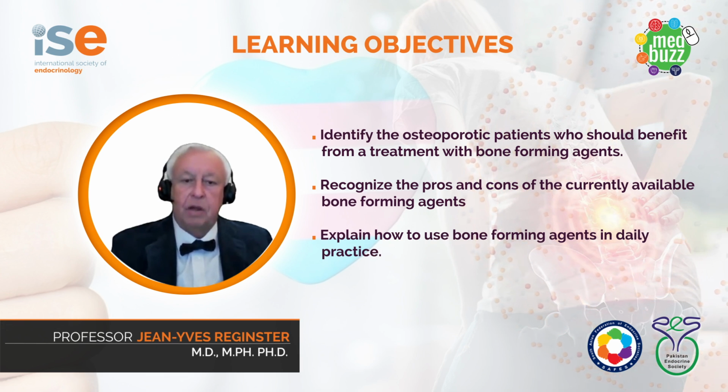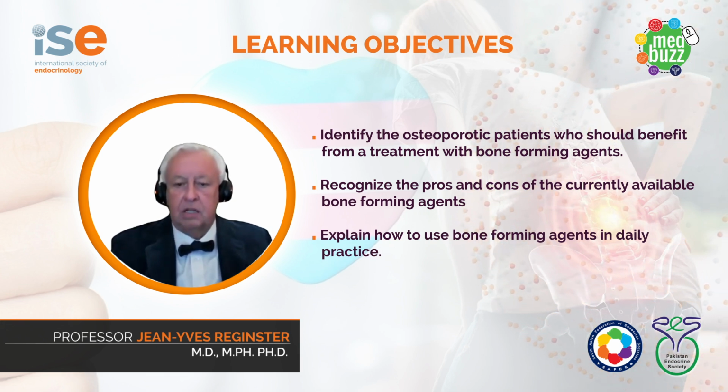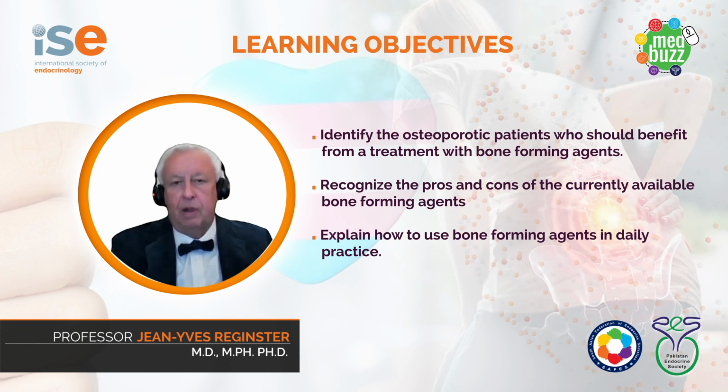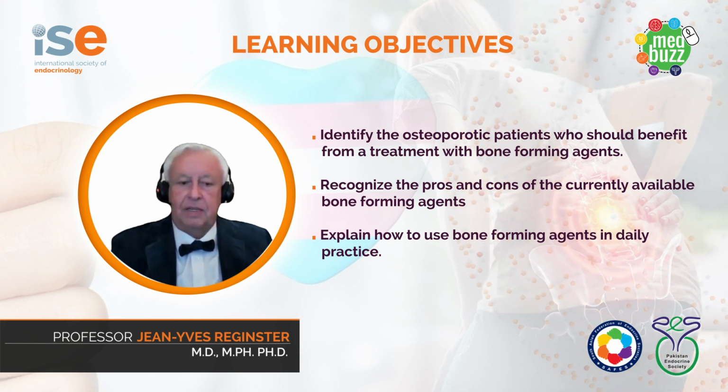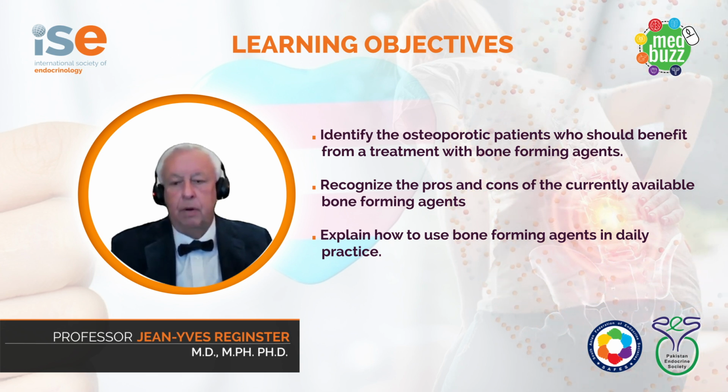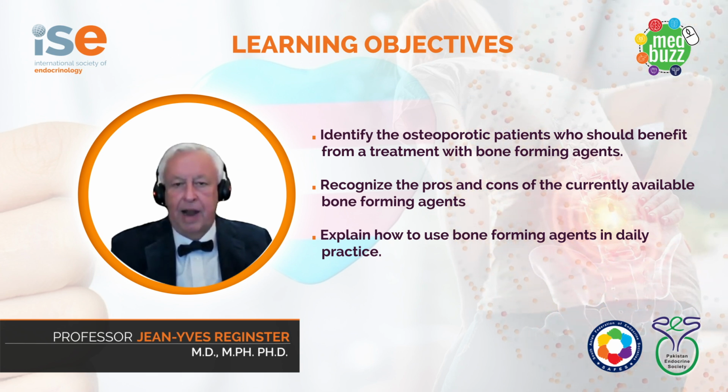I would like to help you recognize the pros and cons of the currently available bone-forming agents, and eventually we should be able, after this meeting, to explain how to use bone-forming agents in daily practice.